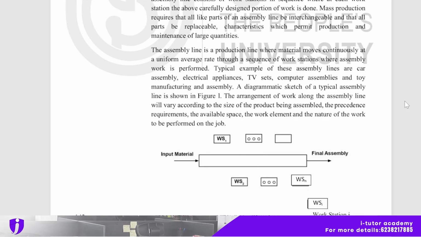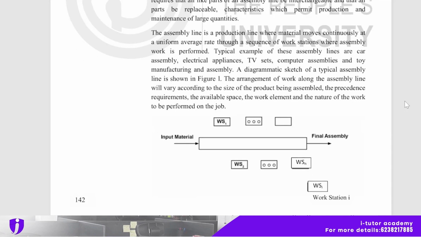The assembly line is a production line where material moves continuously at a uniform average rate through a sequence of workstations where assembly work is performed. Typical examples of these assembly lines are car assembly, electrical appliances, TV sets, computer assemblies, and toy manufacturing and assembly.